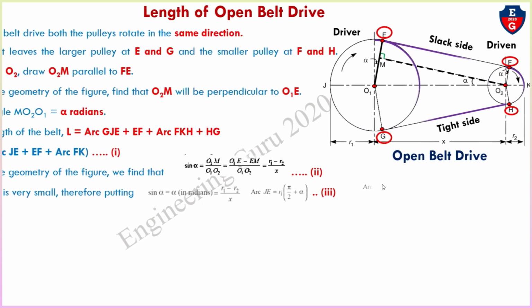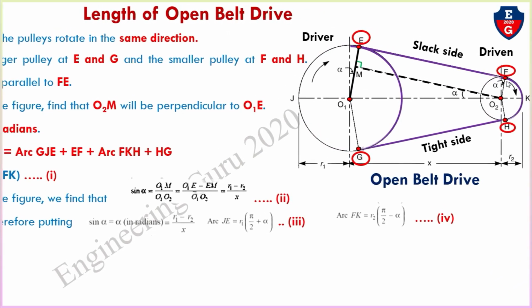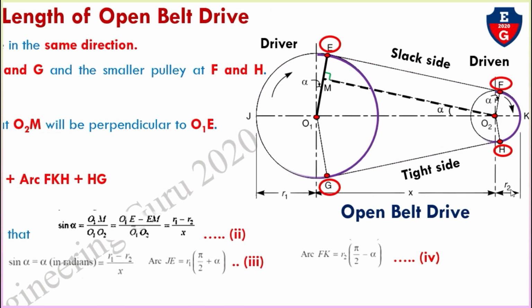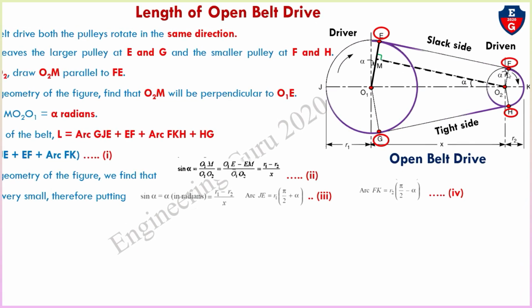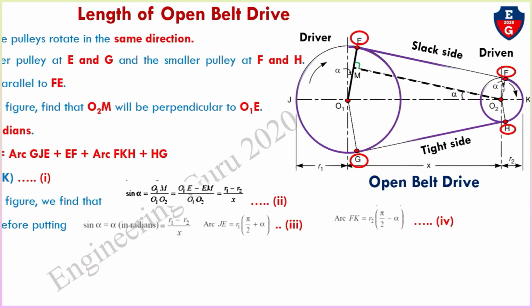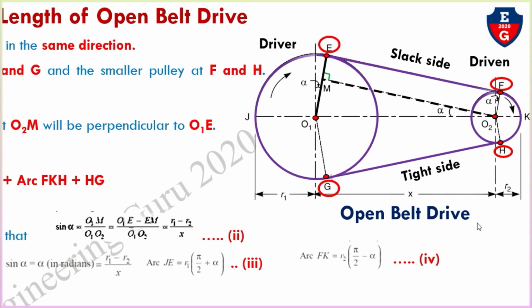This is your equation number 3. Similarly for arc FK, the radius is R2 and the angle is pi by 2 minus alpha. So arc FK equals R2 into pi by 2 minus alpha. So this is our equation number 4.